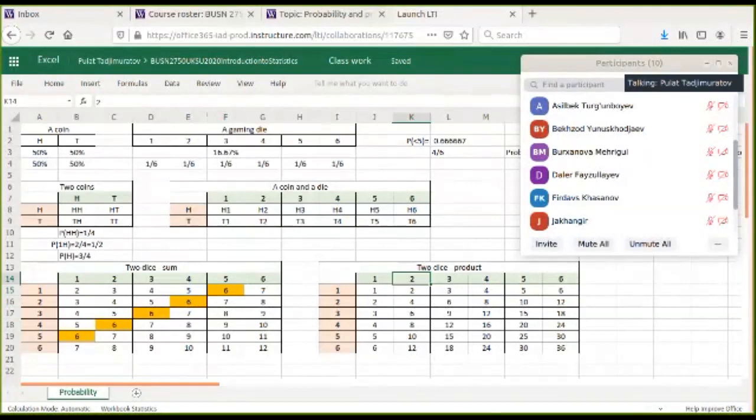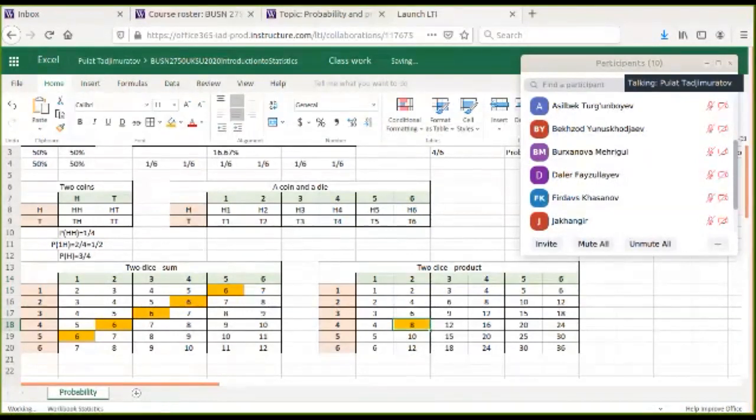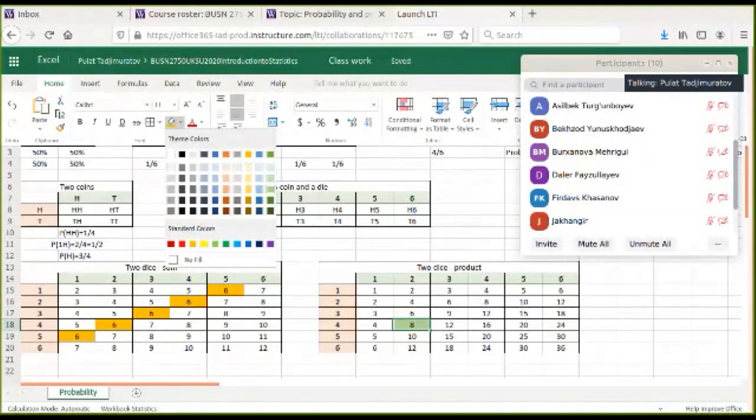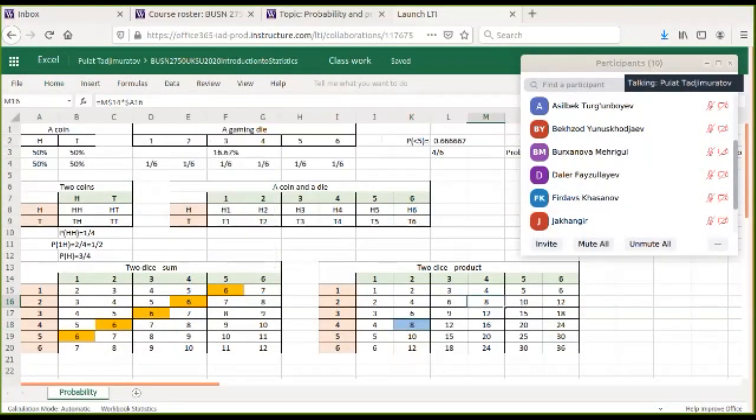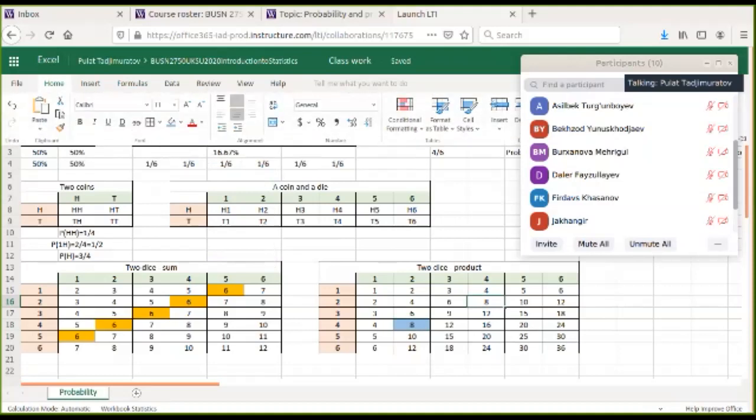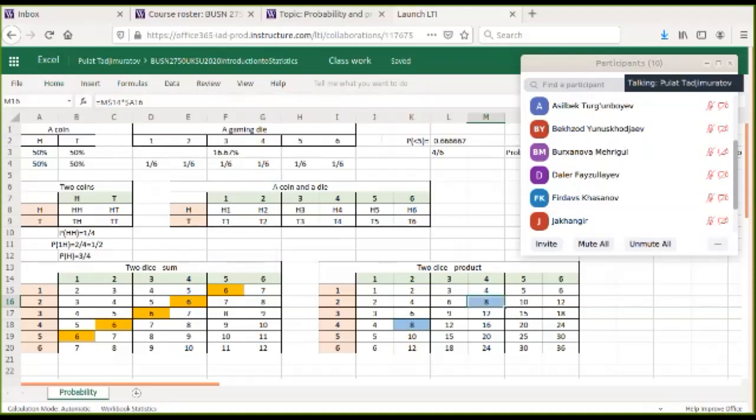And in this table, we have the products of two dice, so multiplication of two dice. Let me use a different color, I'll let it be blue. So we have two cases where the product is 8.